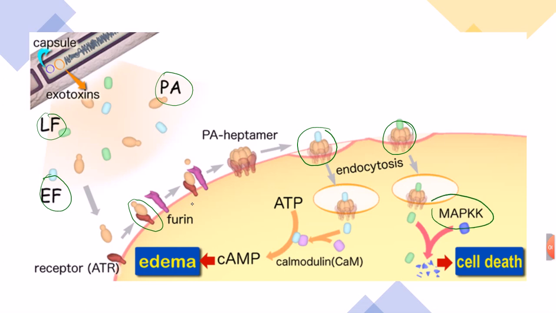They disable them, and ultimately it is going to cause lethality in the animal cell. Sometimes the cell may die over here. Why is it known as edema factor? Because it causes the edema ultimately at the end of its phases, right?